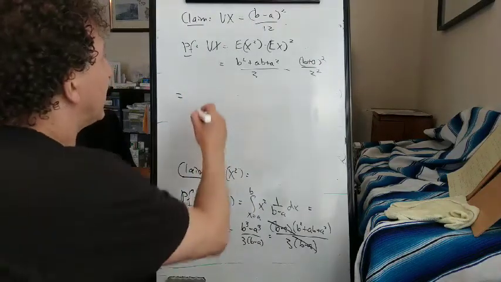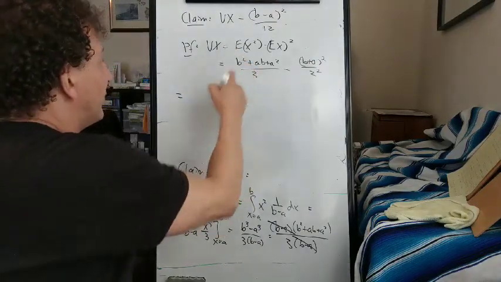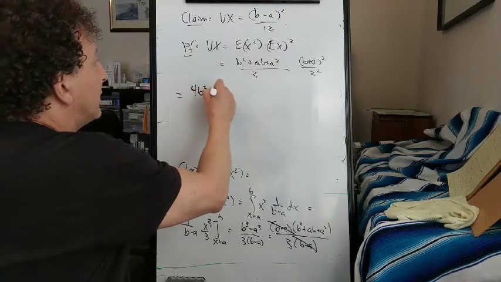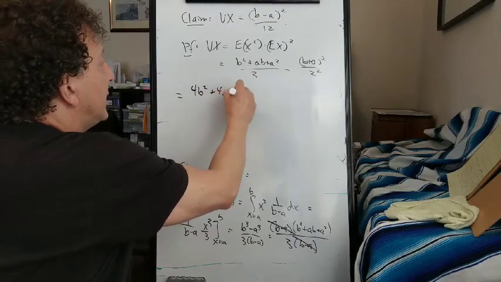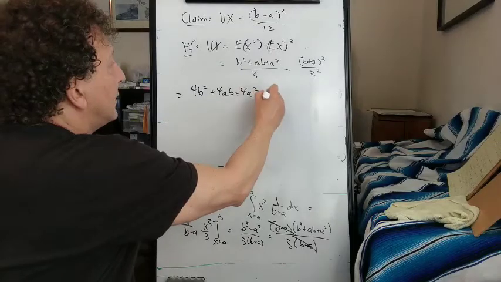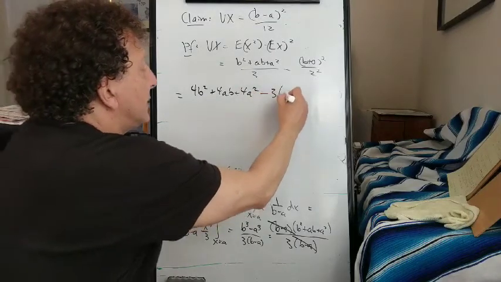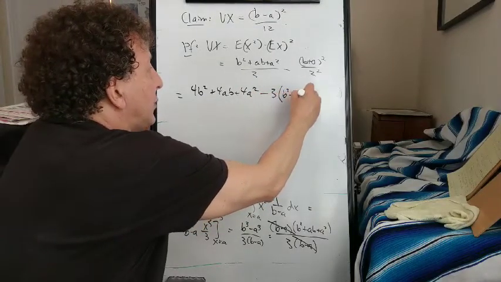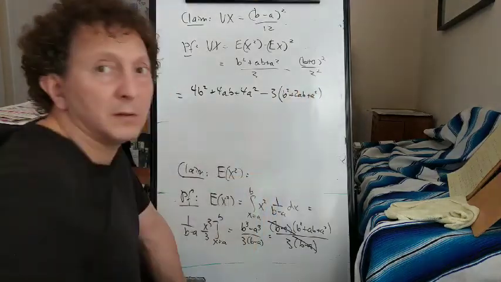And that equals, so multiply this by 4 over 4. 4b squared plus 4ab plus 4a squared minus 3b squared plus 2ab plus a squared.